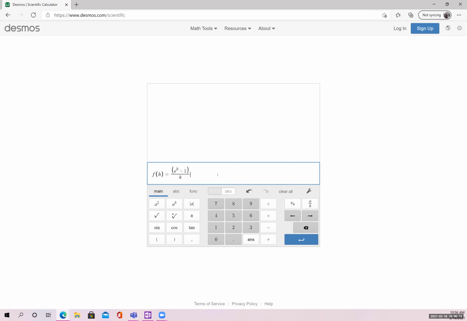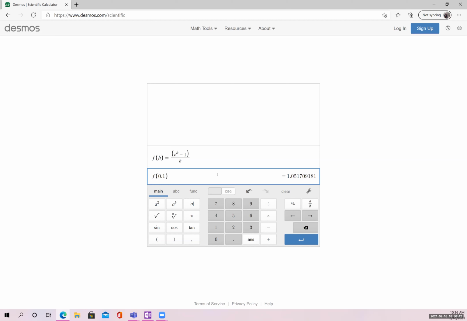So once you plug in your formula, push enter. And now we want to evaluate this. So remember, we're having values of h getting closer and closer to 0. And so let's look at what is f of 0.1. That's pretty close to 0. And what you want to do when you're working this type of problem on MyMathLab, come to desmos.com, or you can use your graphing calculator if you have one.